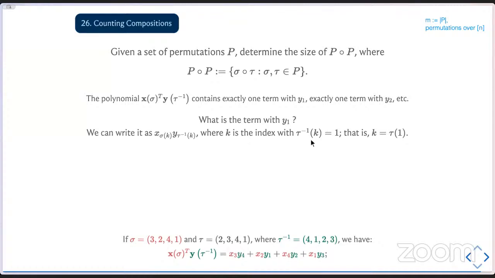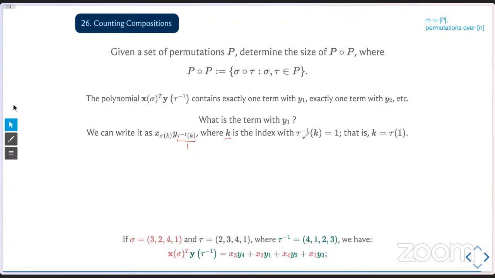Think of for which index k does tau inverse send k to 1, because that's where we're going to see y1. Remember, if in the y vector somewhere I see y1, that's wherever the permutation took value 1. Hopefully this is clear.